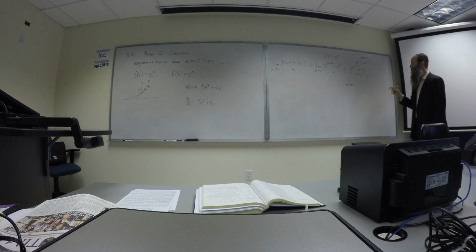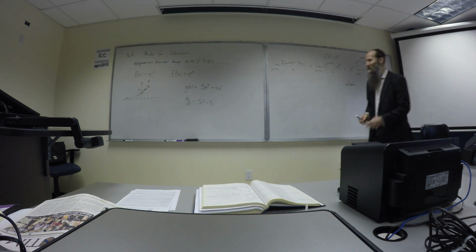I'm going to tell you that e is the number that makes this 1. It's going to turn out to be that irrational number up there. So we force this to be 1, find out what e is, and now that is the base whose derivative is itself. Maybe not very satisfying, but that's the way it pans out.